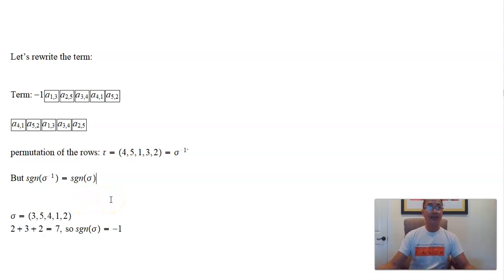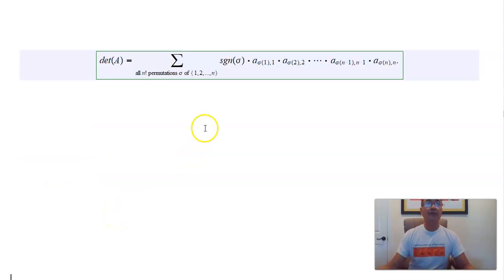So the formula adds up to the same determinant. Let's formalize that. We can rewrite the determinant formula as the summation over all n factorial permutations sigma of 1 to n. You still have the sign of sigma, but this time you write the terms as a sigma 1 column 1, a sigma 2 column 2, and so on up to a sigma n column n. So what we get is exactly the same determinant.